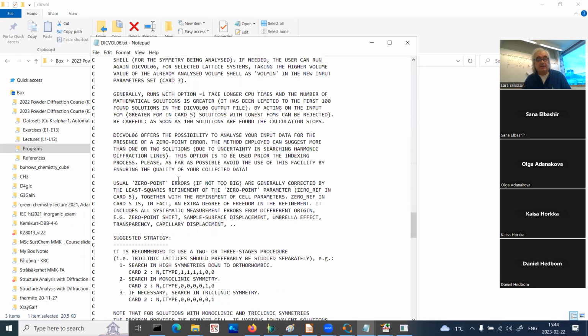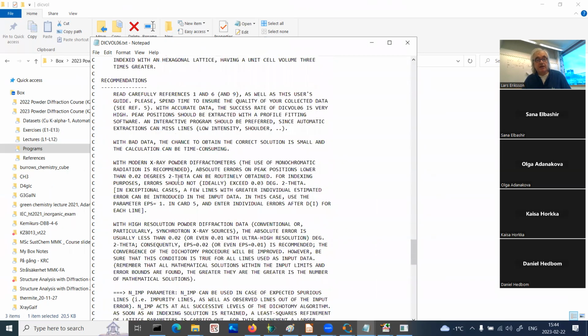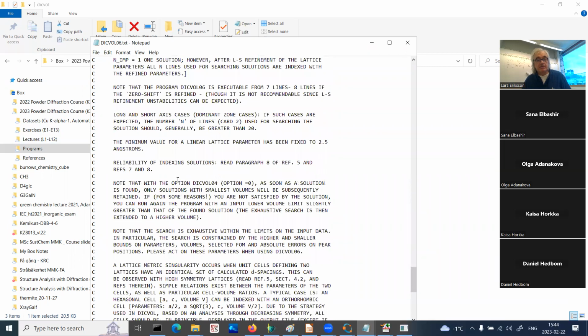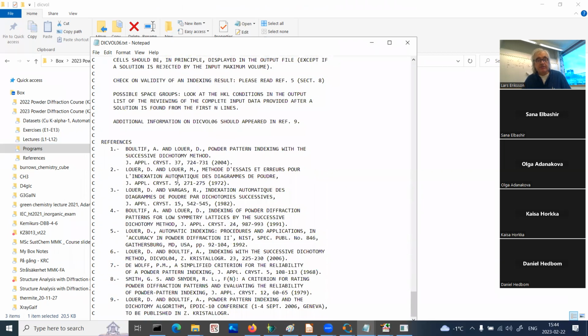And then there are some suggestions how you should work. Some references, only to the authors, but there are a lot of them. You can search on Google for indexing on Google Scholar, and it will get 100 papers.